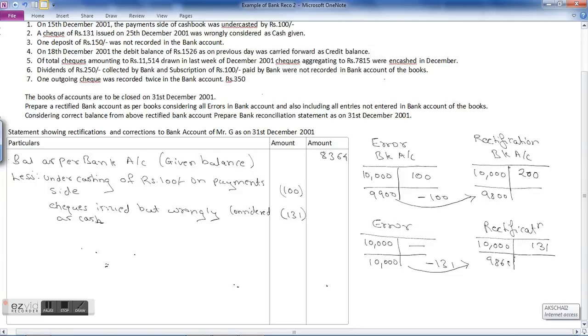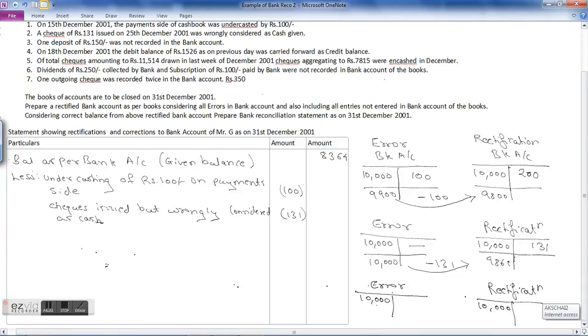Now let's see the error and rectification. Okay, again here we are taking a debit balance of 10,000 and 10,000. Okay, so one deposit of rupees 150 was not recorded in bank account.